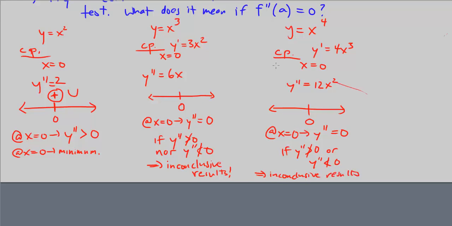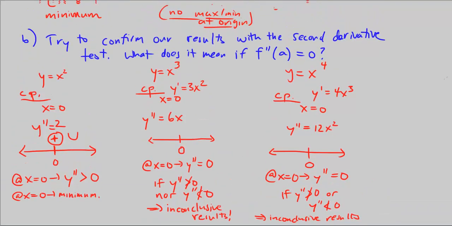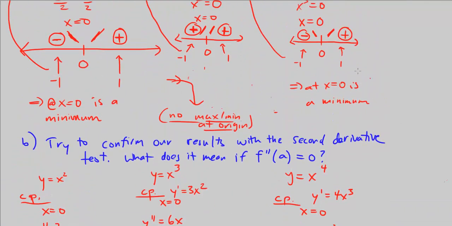Both these two functions told us inconclusive results, right? But we know from part A that there's a minimum at x equals 0 for x to the 4th, and we know that there are no maximum or minimums at the origin for x cubed. So this second derivative test isn't very helpful. What does it mean if f double prime of a is equal to 0? Well, this means inconclusive. This is what I meant earlier when I said it doesn't tell us anything.